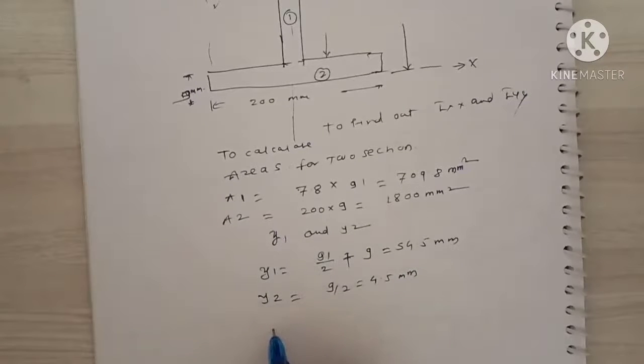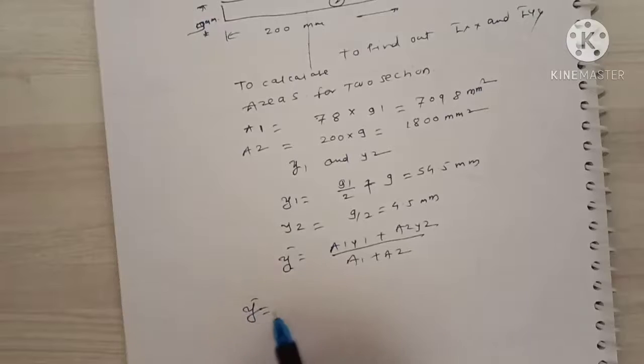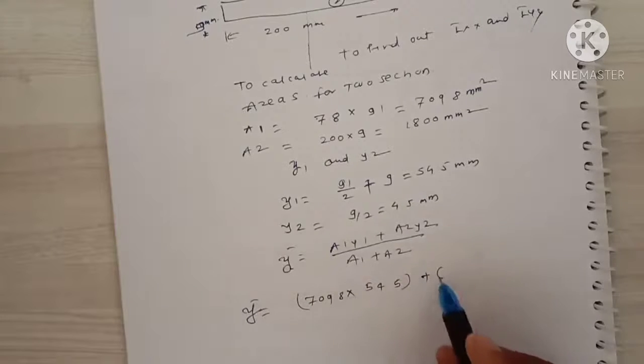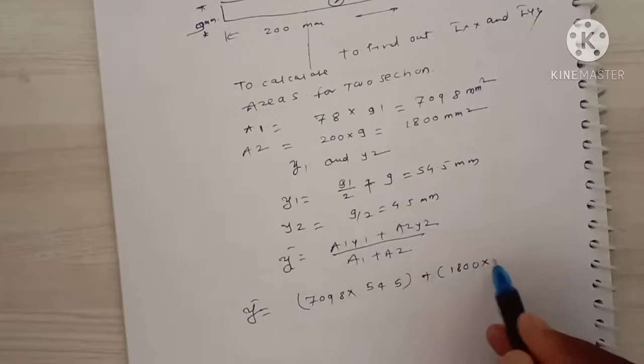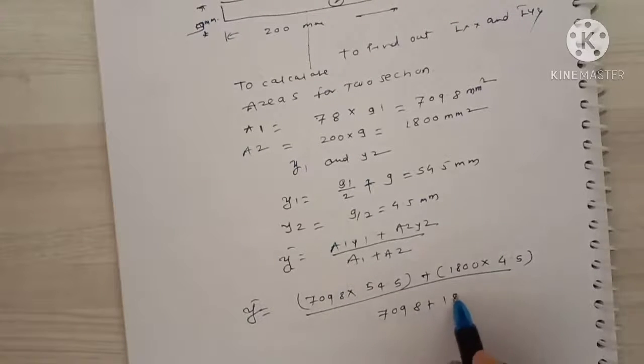Then we calculate y bar according to the formula: A1 y1 plus A2 y2 divided by A1 plus A2. Then y bar is equal to, putting in the values, 709.8 into y1 which is 54.5, plus A2 which is 1800 into 4.5, divided by 709.8 plus 1800.